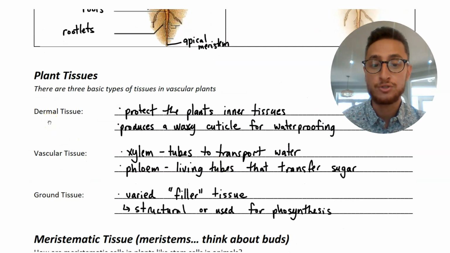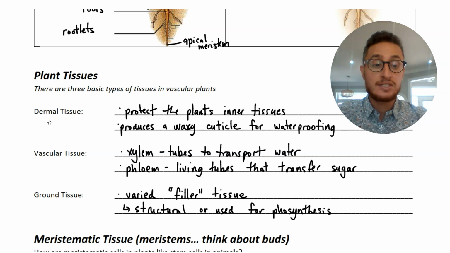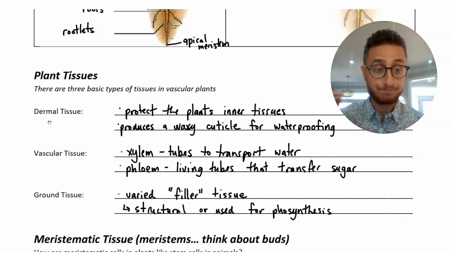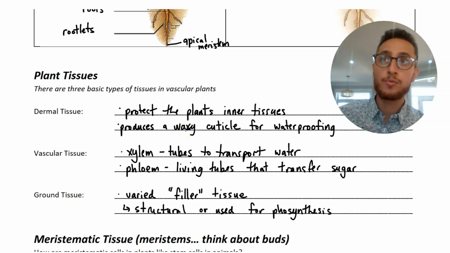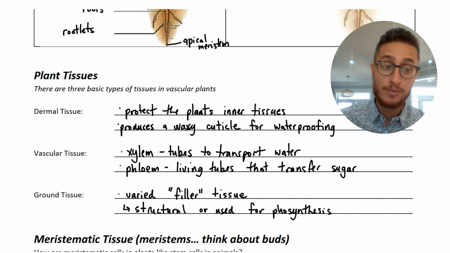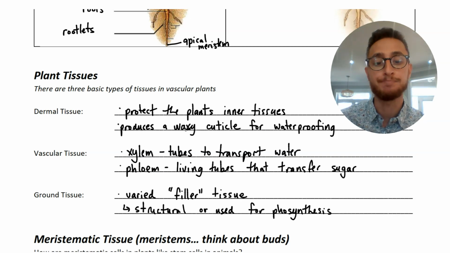Well, those dermal tissues are the skin of the plant. And for the most part, the most important thing the dermis does in a plant is produce wax to make it waterproof. I know you like to think that plants love water, and they do, but if you water the leaves or the stems of a plant, they can't absorb it.